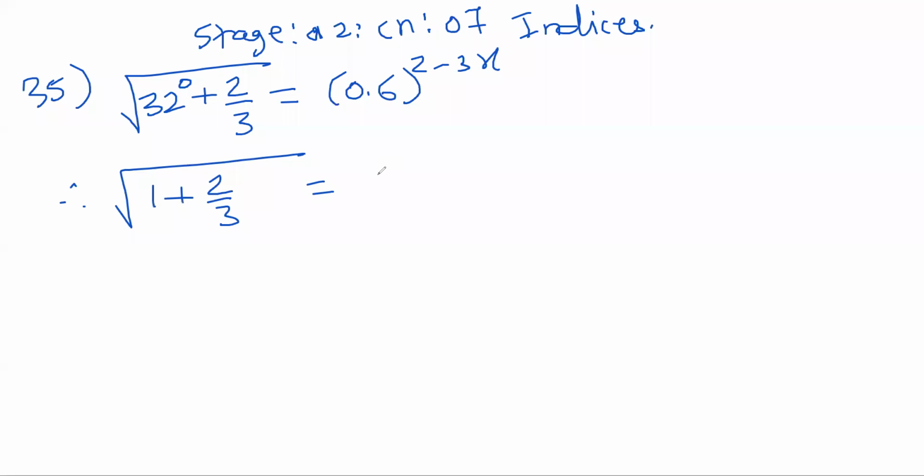Speak. That is 32 degrees, isn't it? How will it be a degree? Arre, it is raised to 0, that is the degree. Yes, it appears to be a degree, but it is not.